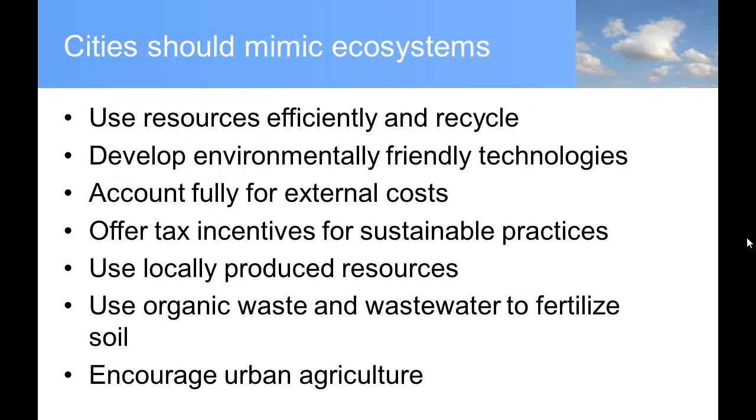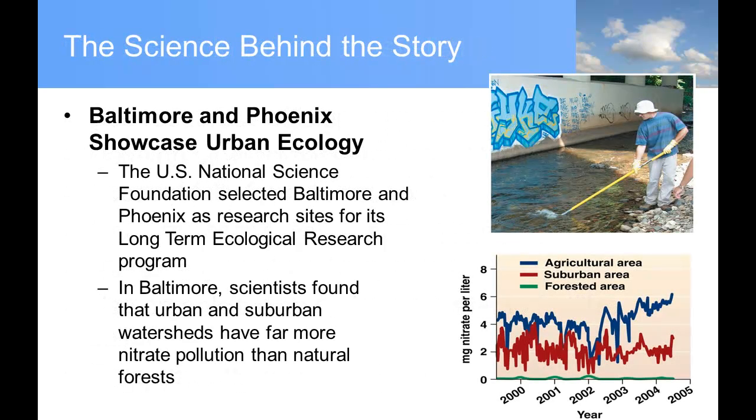So, ways in which cities can mimic ecosystems include using resources more efficiently and recycling them, developing environmentally friendly technologies, accounting fully for the external costs the cities may generate, offering tax incentives for sustainable practices, using more locally produced resources, using their organic waste and wastewaters to fertilize the soil, and encouraging urban agriculture.